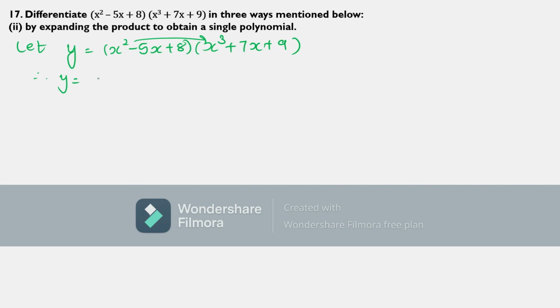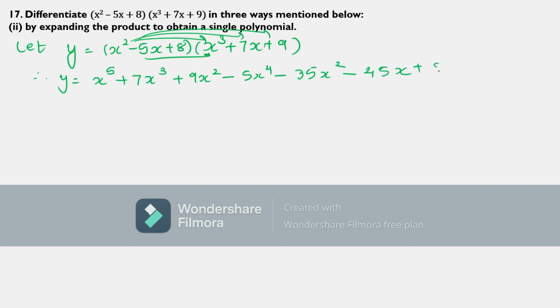So x square and x cube give x to the power 5. Then next is plus 7x cube, then plus 9x square. Now 5x will be multiplied, so it's minus 5x to the power 4, minus 7 5s are 35x square, minus 9 5s are 45x, plus 8x cube, plus 56x, plus 9 8s are 72.